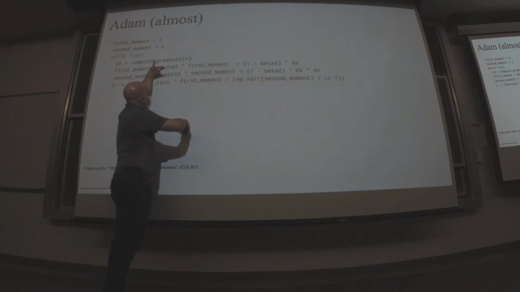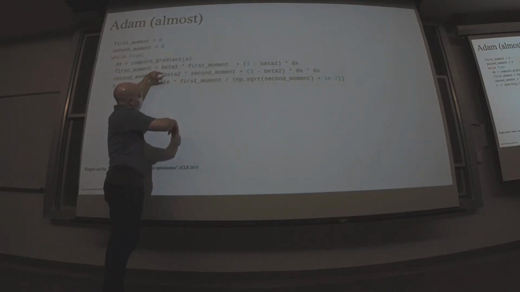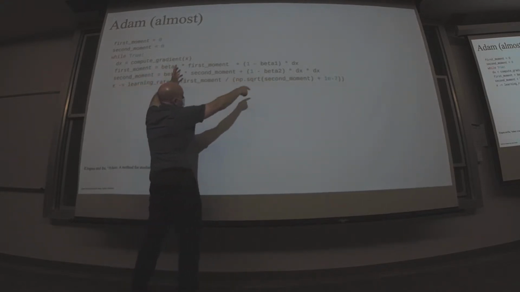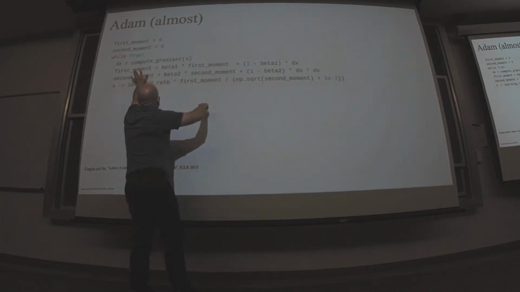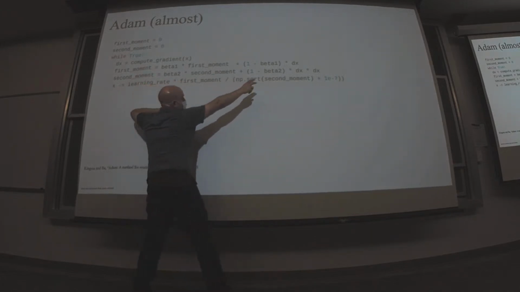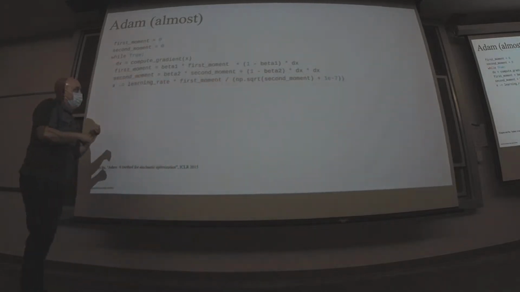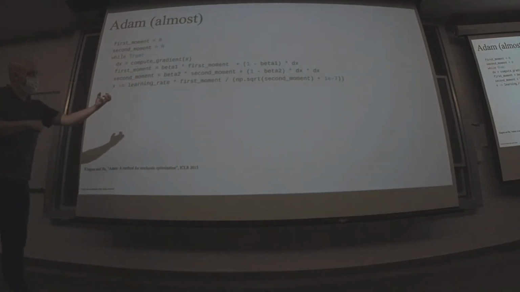We're picking some parameter between 0 and 1. They're two different ones, and we have this balance where we're keeping a history of the gradient and then the gradient squared. So kind of like the momentum, kind of like what we just saw with RMSprop.